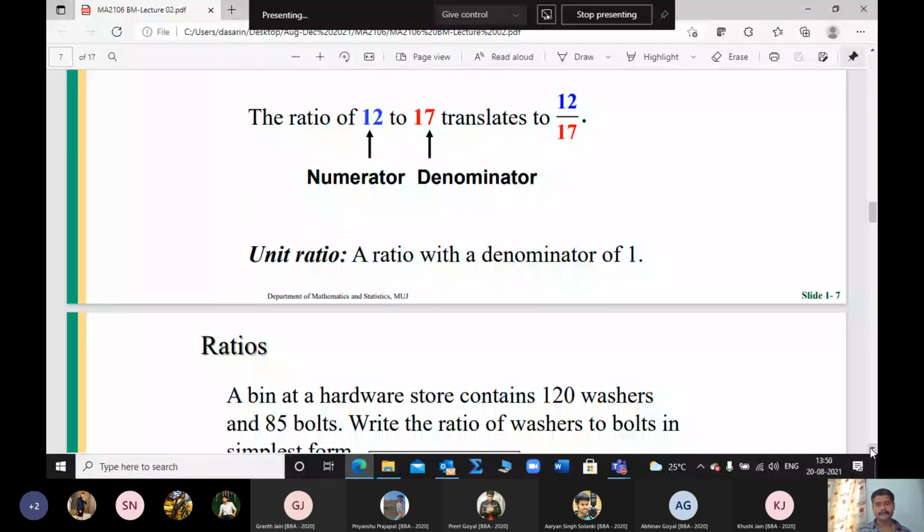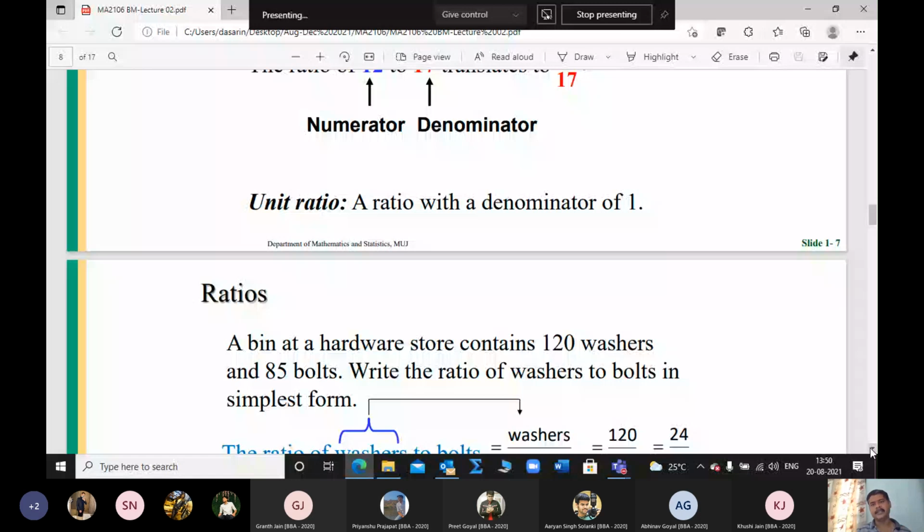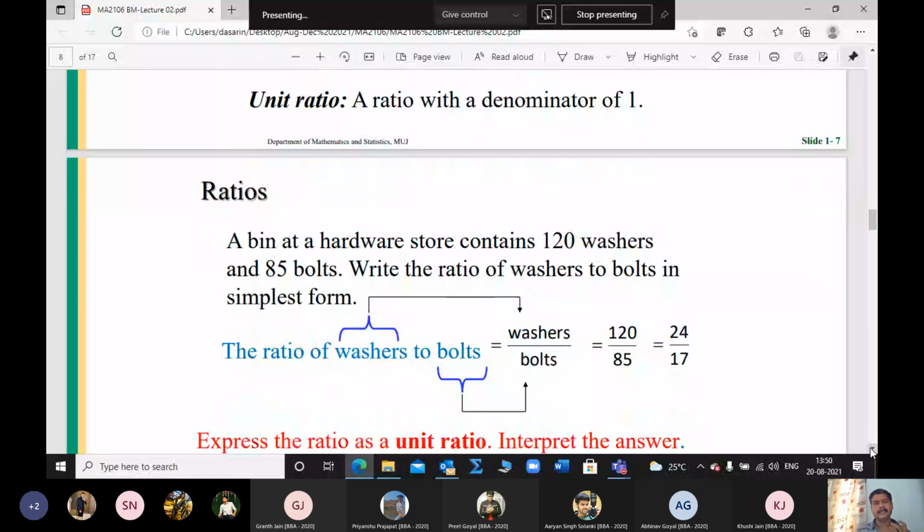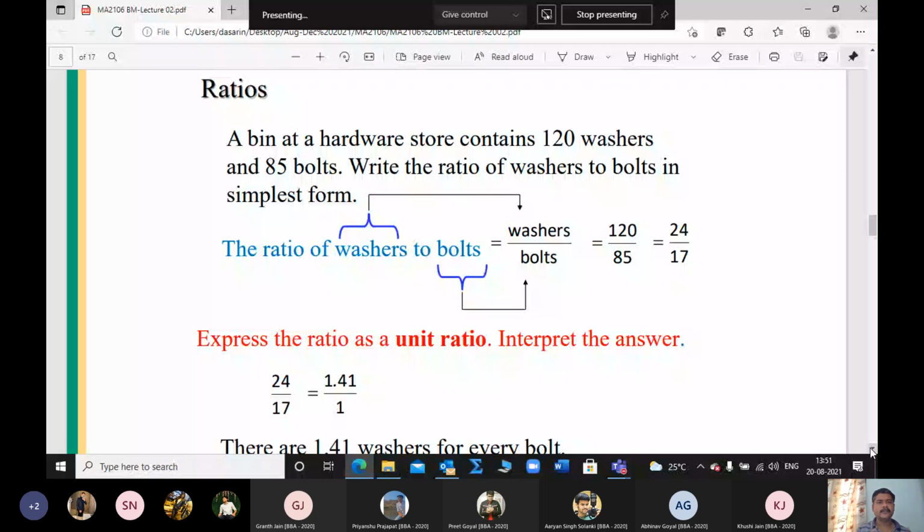Moving ahead, how do we find the ratio, and how do we see it in routine life? Consider this example: a bin at a hardware store contains 120 washers and 85 bolts.